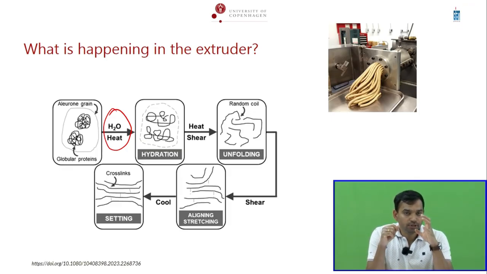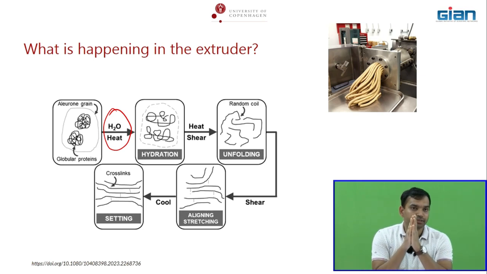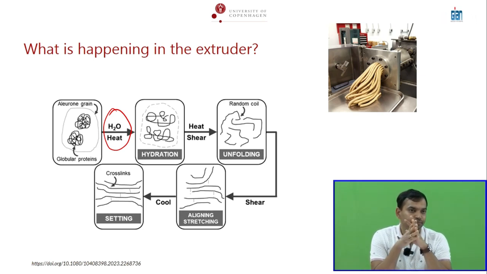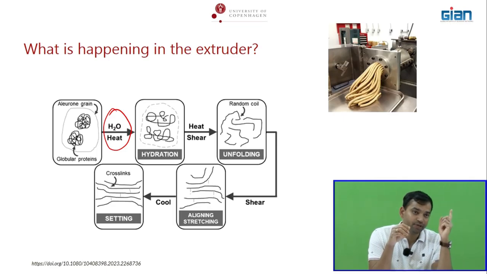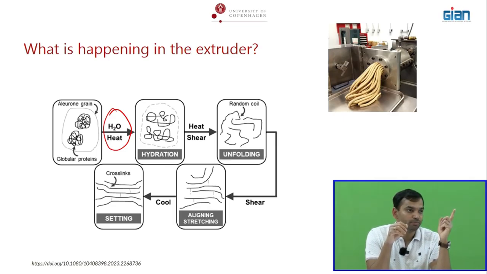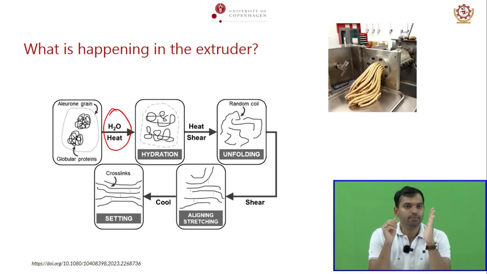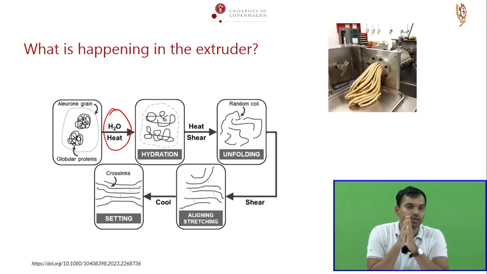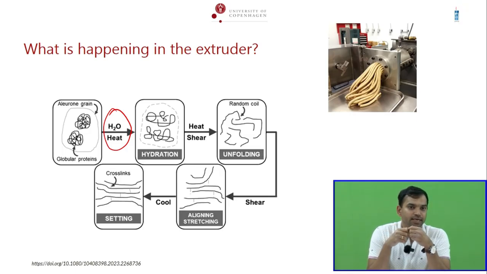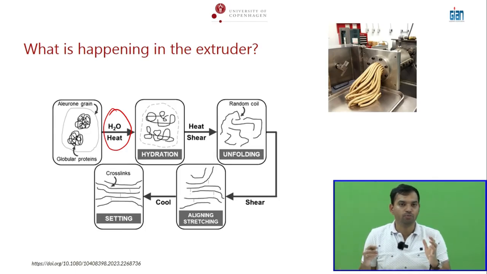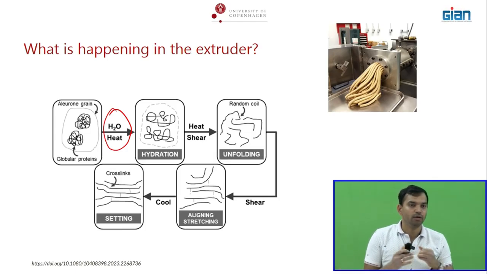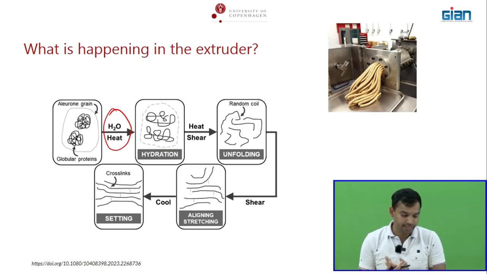But now the protein is in contact with water, and now it's actually mixed. Coming back to our first lecture today, solubility and water holding capacity, right? Now the protein is coming in contact with water molecules, so the protein will be hydrated. Water holding capacity of the protein is increasing simply because now more and more protein is in contact with more and more water molecules.